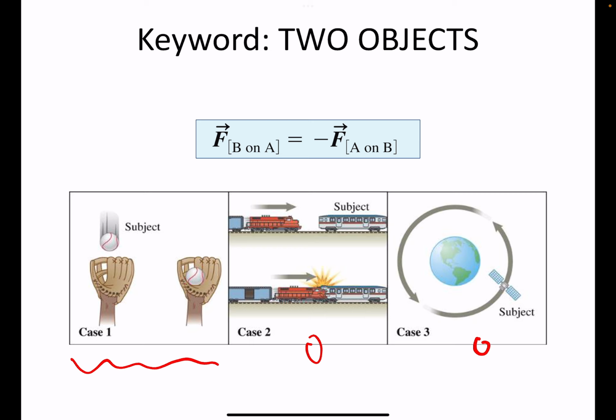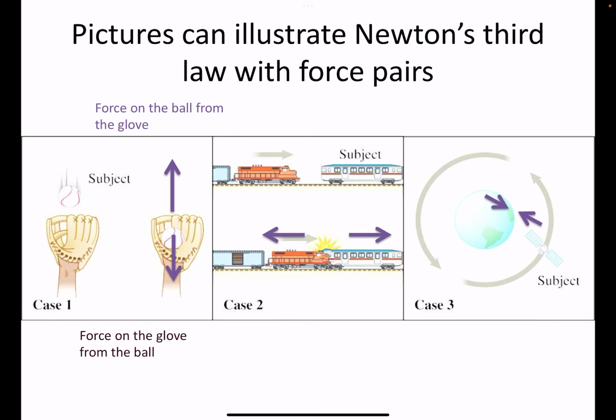But we have to ask, did the satellite also apply a force on the Earth? Based on Newton's third law, the answer has to be yes. Yes, the satellite is attracting the Earth. Then the magnitude of the force has to be exactly equal to the weight of the satellite, right? Based on Newton's third law.